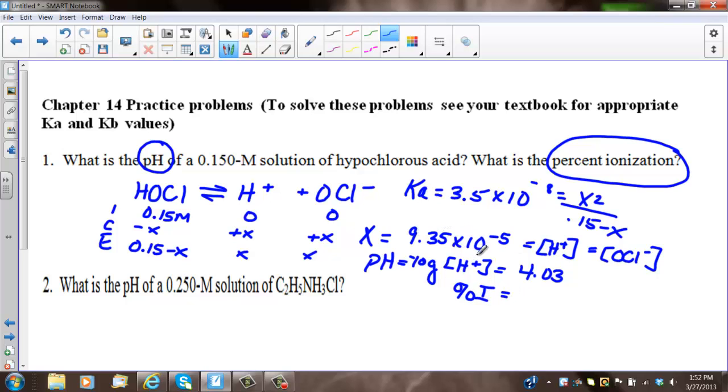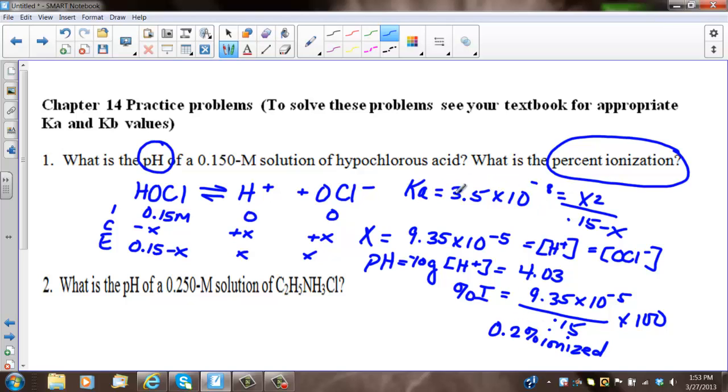So the molarity of the H that dissociated was 9.35 times 10 to the minus 5 over 0.15 times 100, and I believe you get 0.199, so just about 0.2% ionized, which should make sense because it's an extremely weak acid.